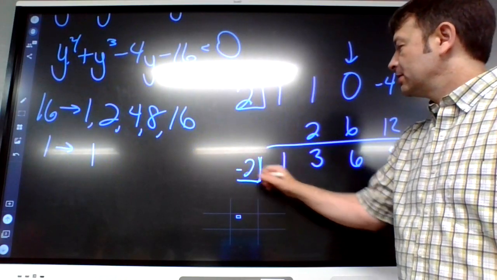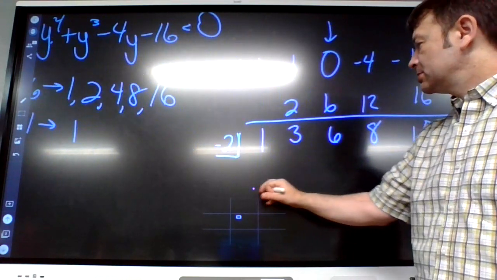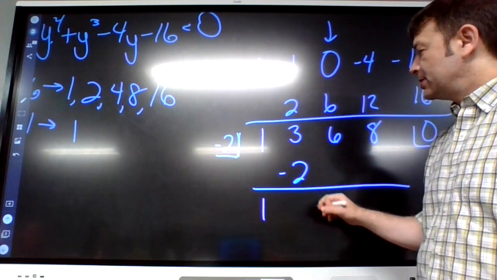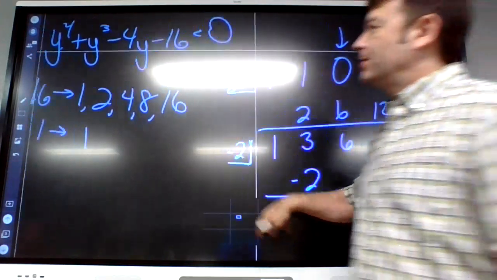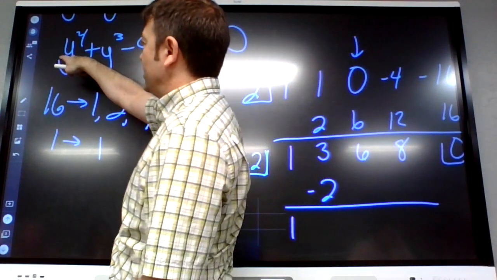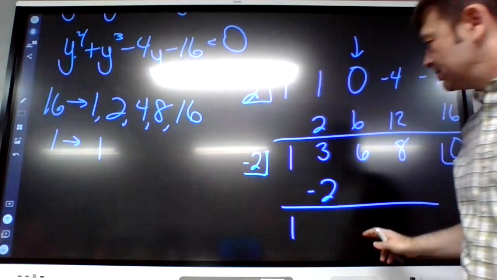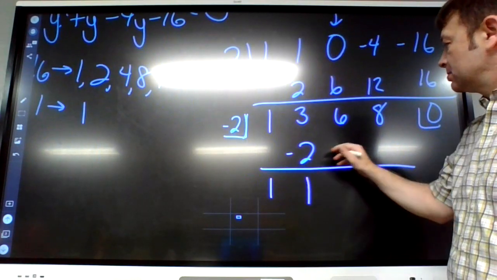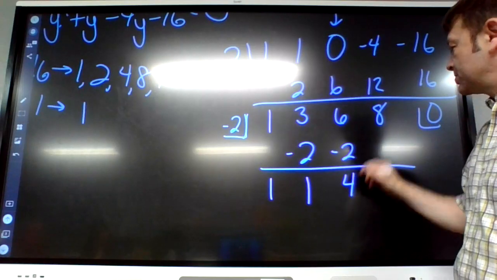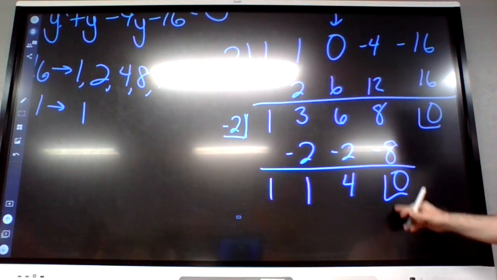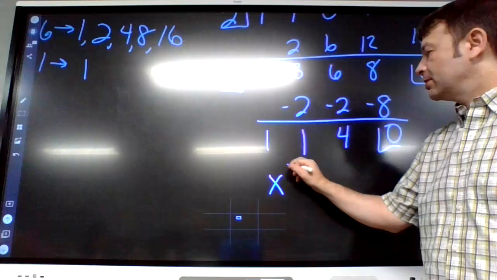Wait, does 2 not work? 2 works once. I need a second answer though, to get it down to a y squared. So it started as y to the 4th, so I need to get it down to y squared. So I need 2 answers. Oh, this does work. Okay, so 2 and negative 2 work.